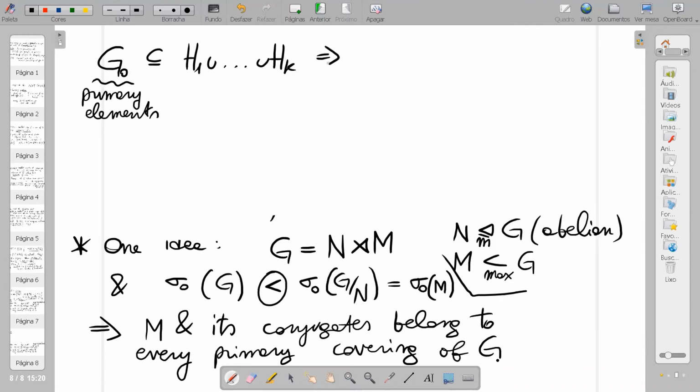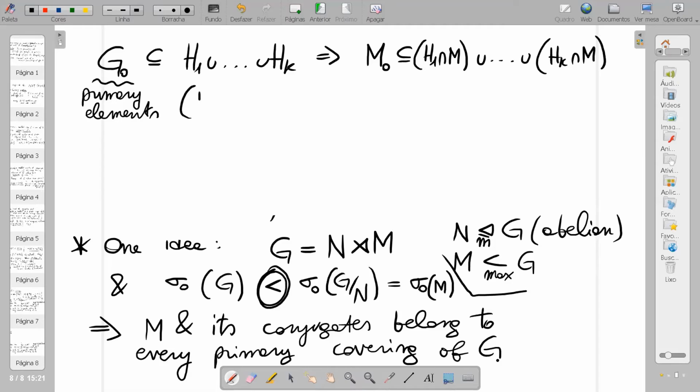Then you can intersect it with M essentially. So M0: you look at the primary elements of N. This will be contained in H1 intersection M, up to HK intersection N, and this would contradict this strict inequality.